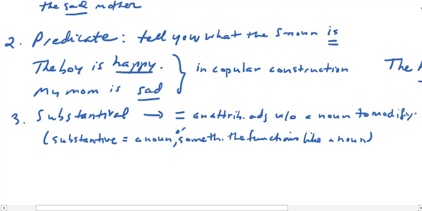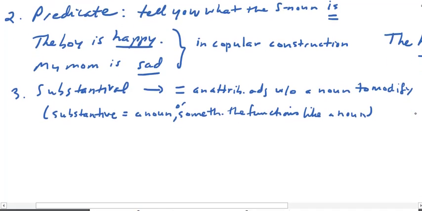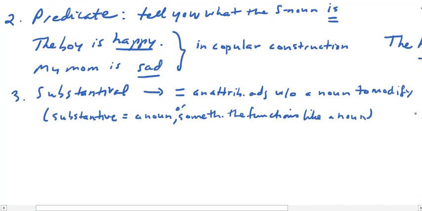Okay? It's an attributive adjective without a noun to modify. In English, we don't really use these as frequently as we do in other languages.